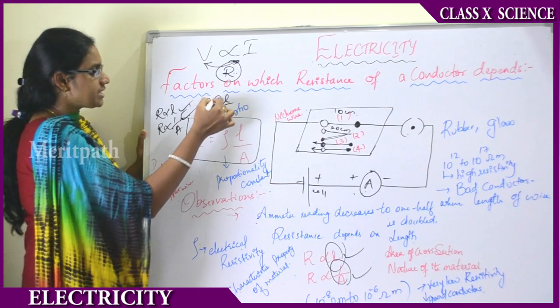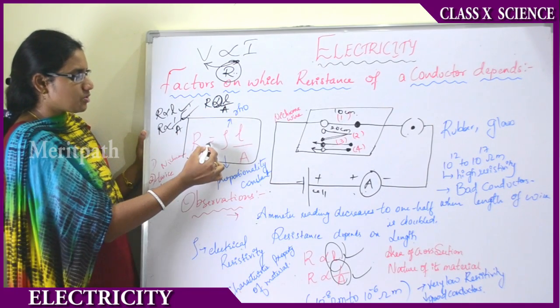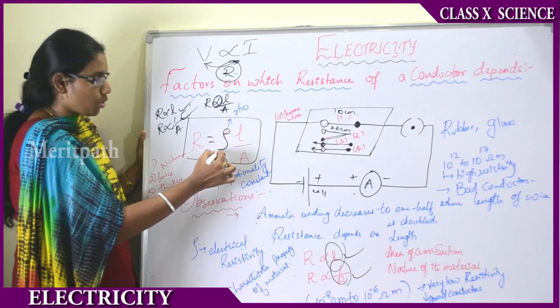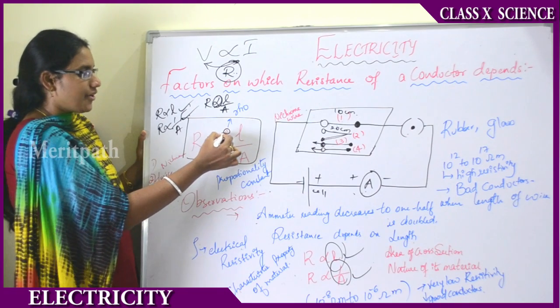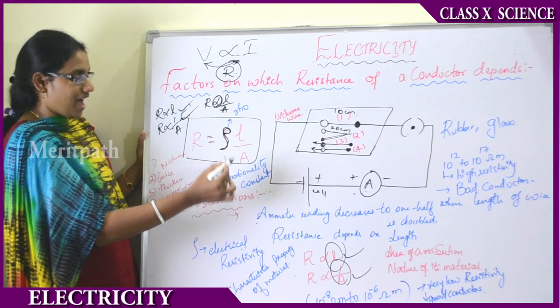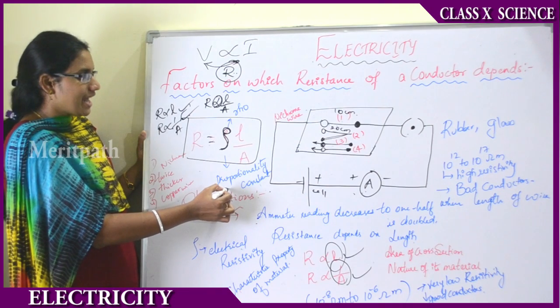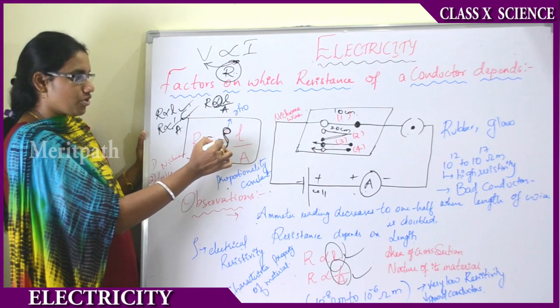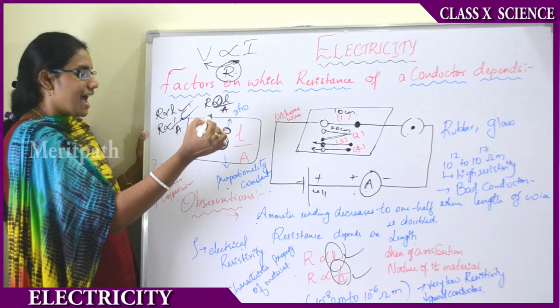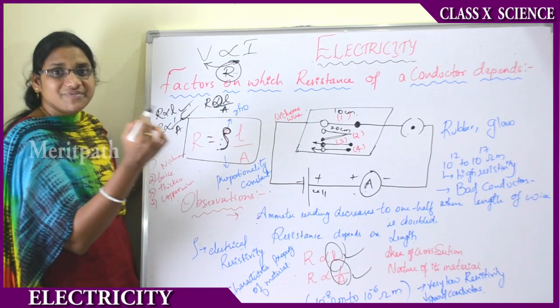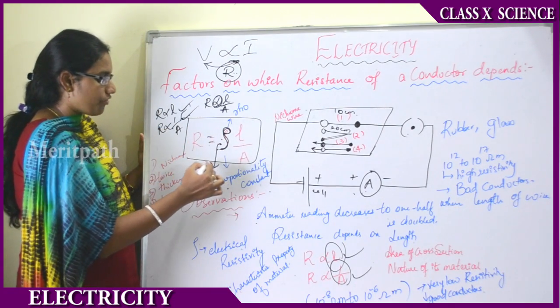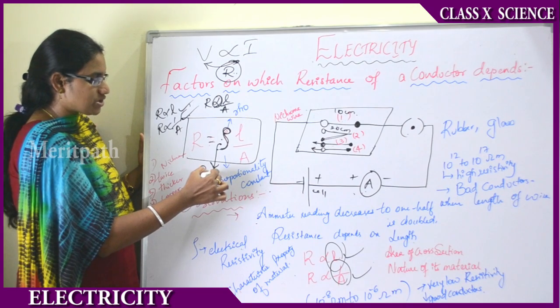In order to maintain this proportionality constant, we are using rho. This is a Greek letter. Rho is defined as the proportionality constant, and it is named as resistivity. Resistivity of a conductor is said to be rho.